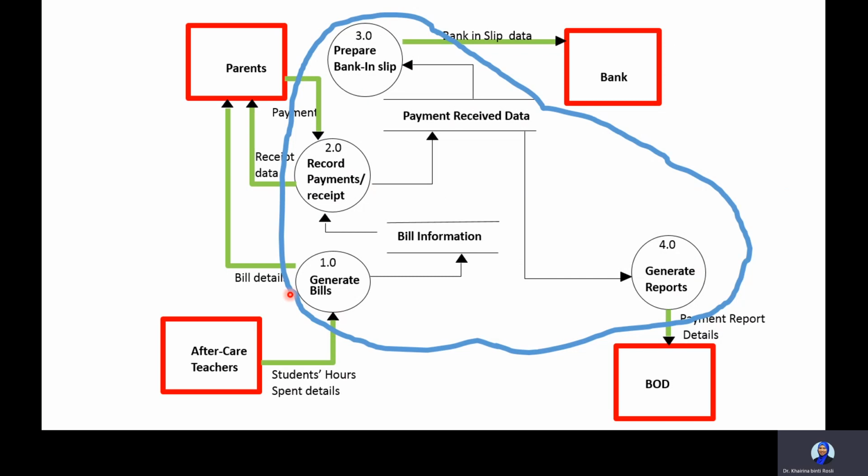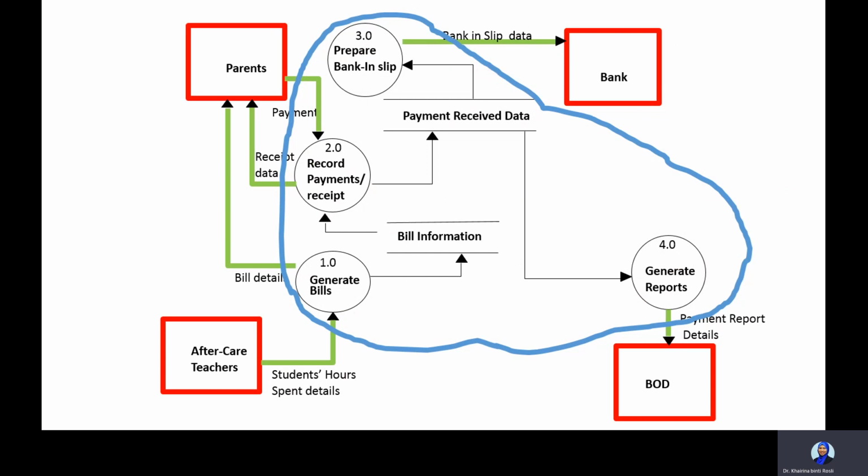And then all the 4 processes, we can group them together to prepare the context diagram. So all of this is actually in one big circle to show the context diagram.